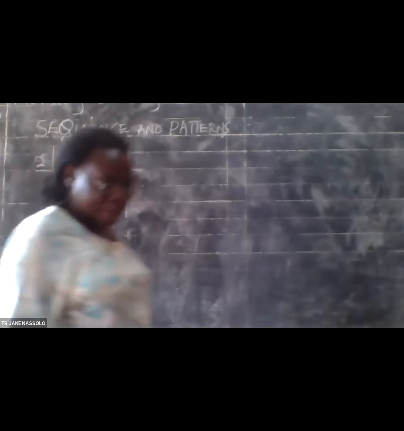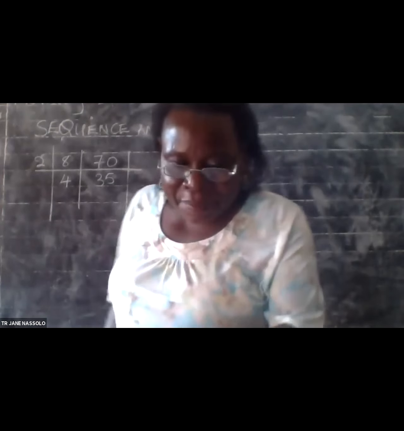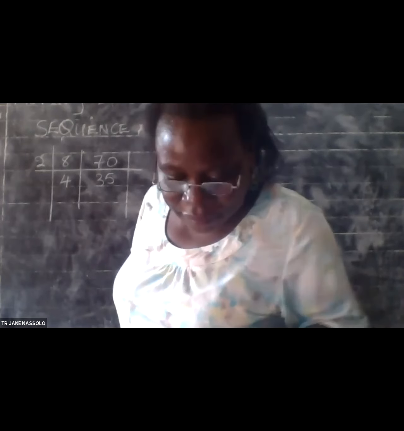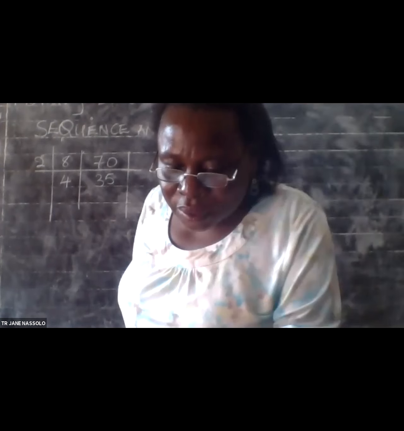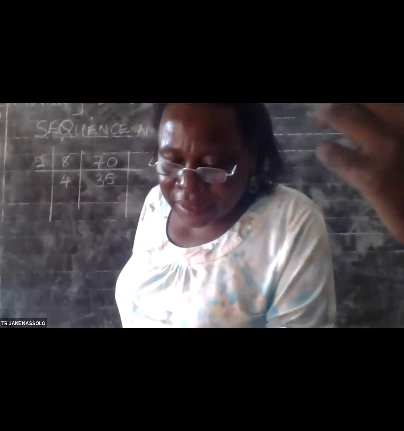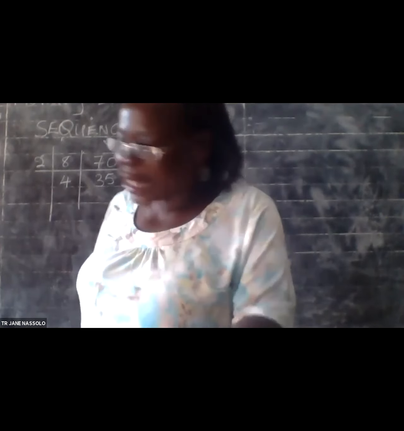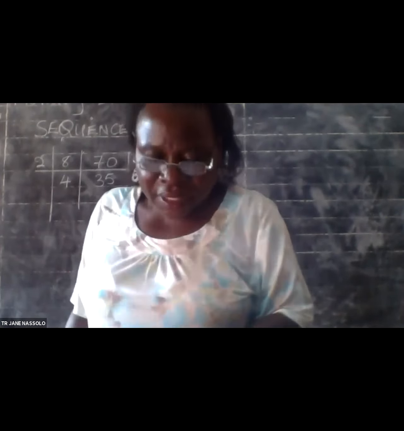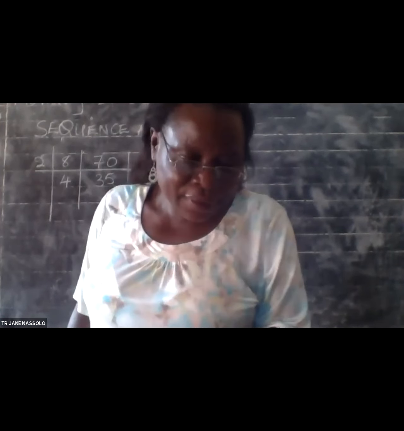Do we have any other common factor? No. Therefore, the number that is a factor of 8 and 70 is 2. That was question number 8.